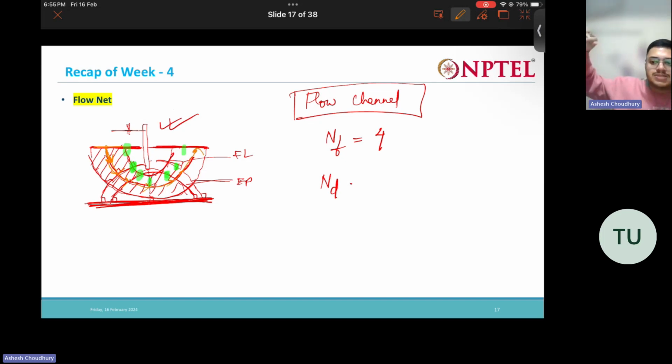A total of six potential drops are happening. So you can write that ND, the number of drops, is six. This is very important because we use NF and ND, the number of flow channels and number of equipotential drops, to determine the flow that is happening.